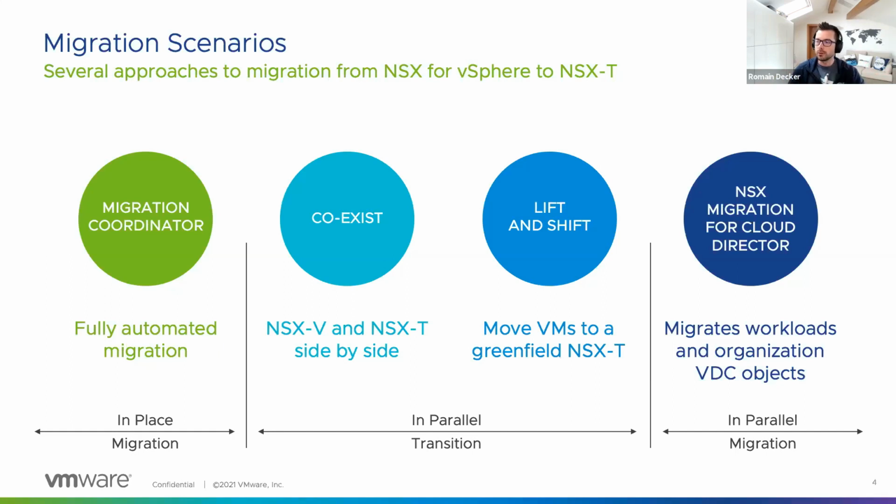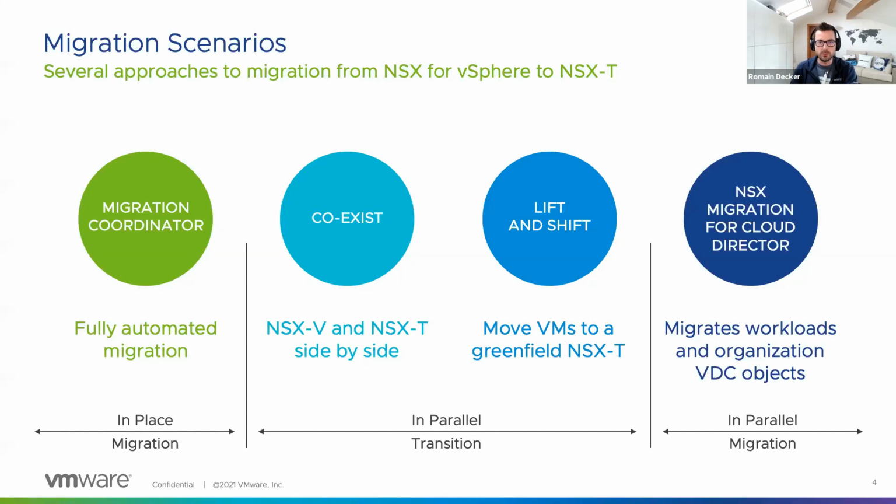But those three first scenarios on the left, they don't understand the VCD concept. So they are not aware that VMware Cloud Director is providing an abstraction layer on top of NSX. So that's why we have the NSX migration for Cloud Director, which basically is a mixture of the migration coordinator and the lift and shift.